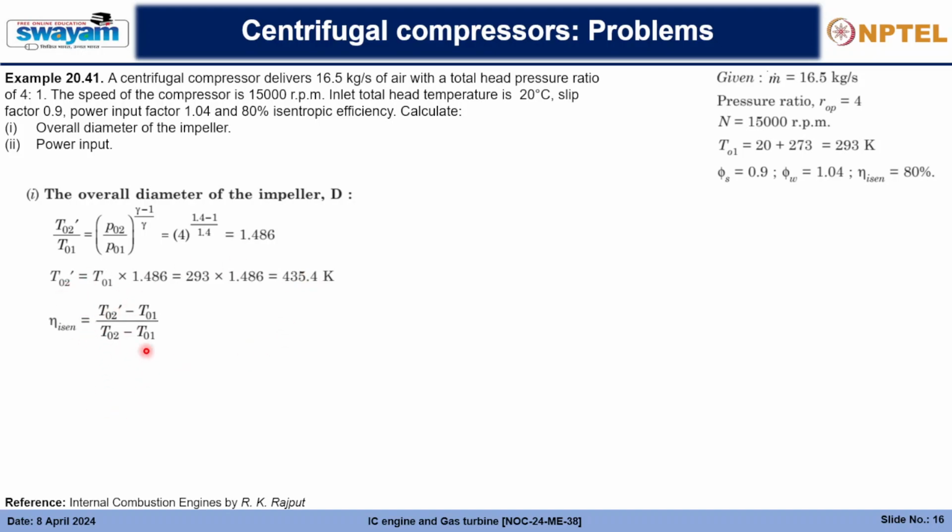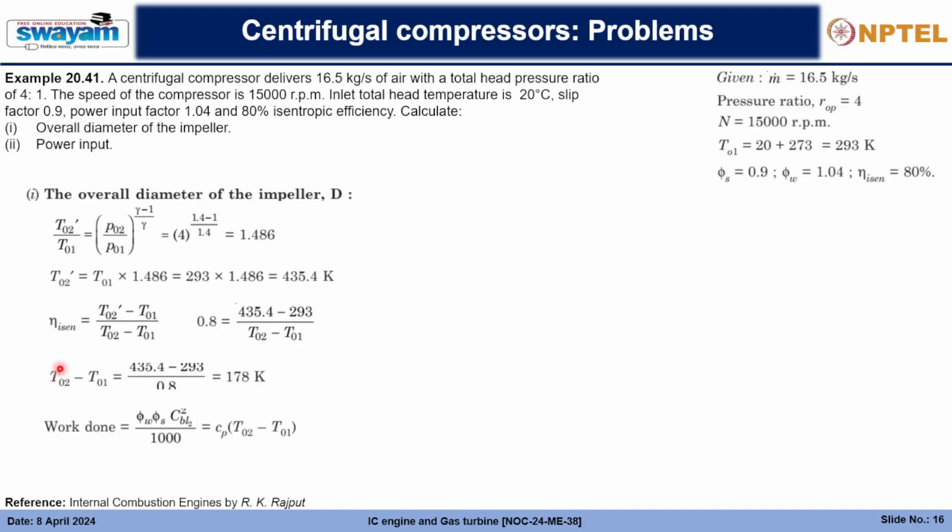Next, the isentropic efficiency. From that, we see the actual total head temperature at the exit. We do not exactly need to calculate that. If we need to calculate the work done, what they have done is T02 minus T01, which is the actual total head temperature rise, that is 178 Kelvin, and they have used that in the equation of work done: phi times phi s into C_w2 whole square divided by 1000 equals Cp into T02 minus T01.